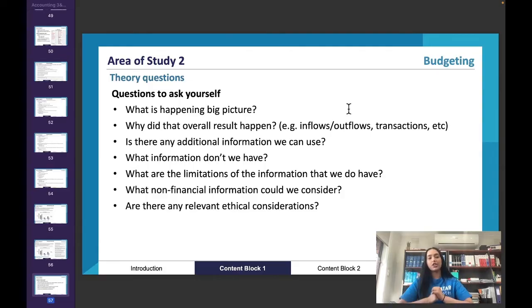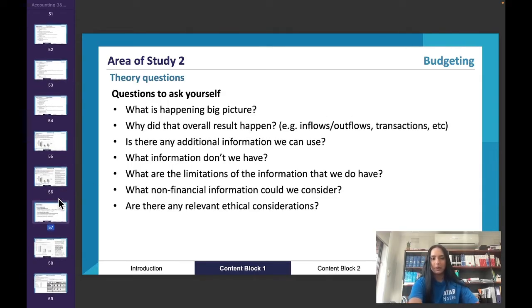Okay, so when we're answering theory questions, there are a few questions that you can ask yourself before you attempt to answer. So, what's happening in the big picture? Why did that overall result happen? Why was there an inflow or outflow? Why does this transaction affect cash but not profit? Why was there a net profit or a net loss? Why was there a surplus or deficit?